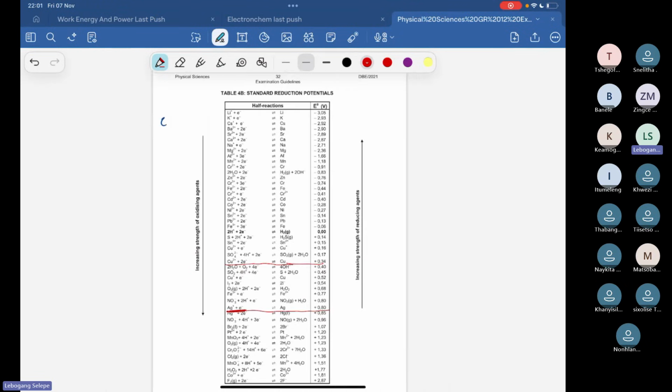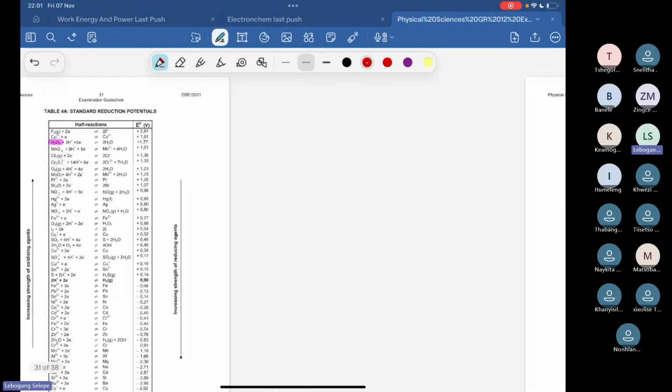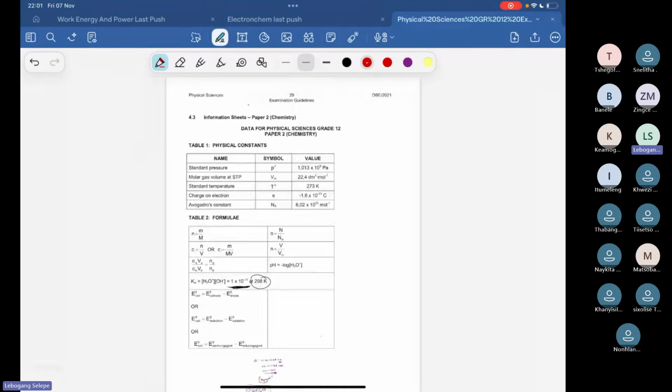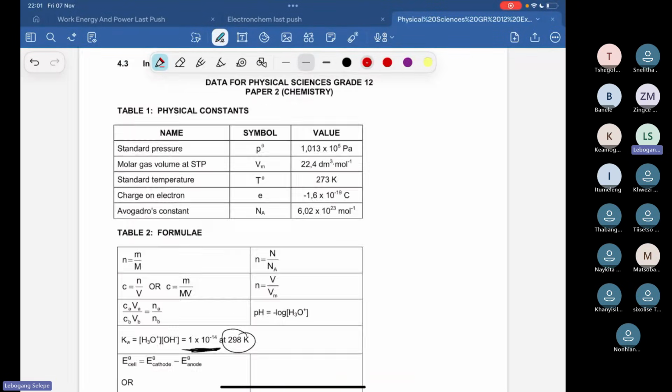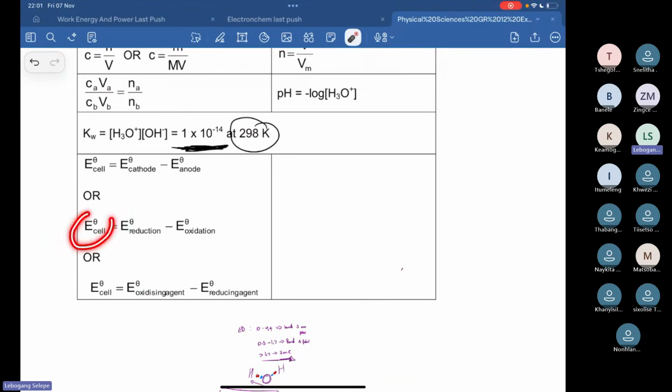So our E cell, remember I removed the formula sheet. On this formula sheet here, the E cell is equal to E reduction minus E oxidation, or E cathode minus E anode.